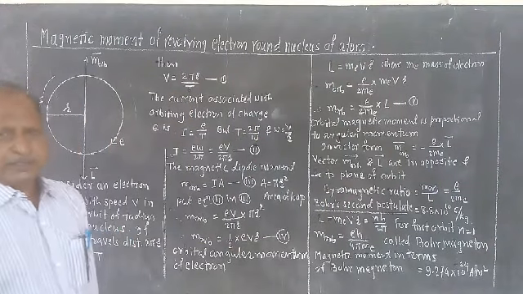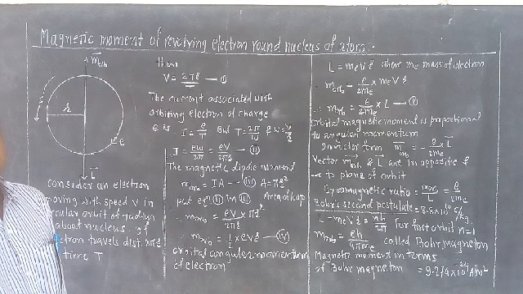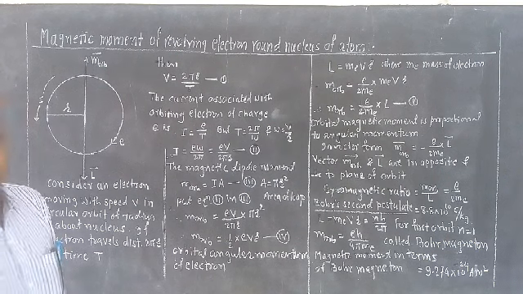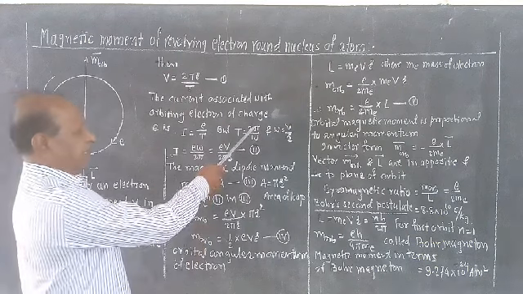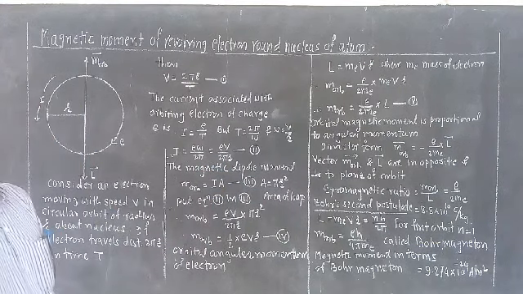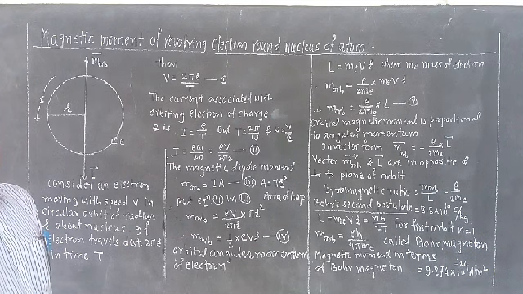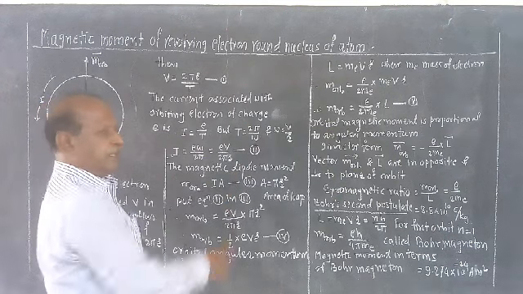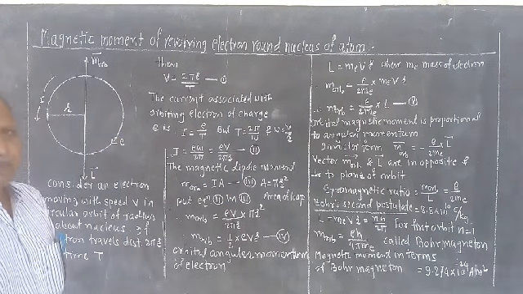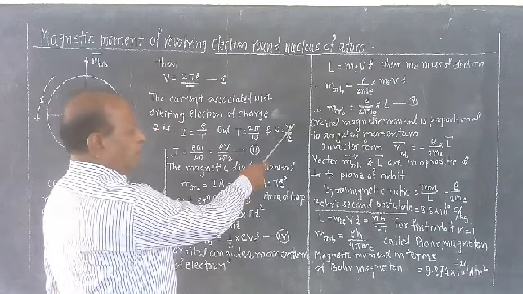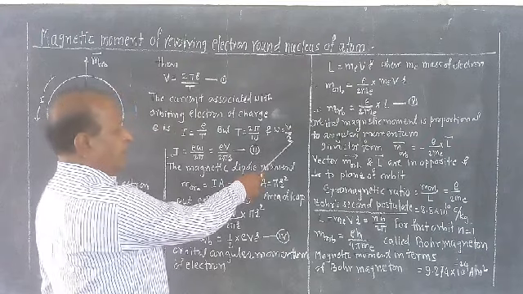Period is angular displacement divided by angular velocity. Angular displacement is 2 pi radian, one complete circle, divided by angular velocity omega. Therefore omega is equal to v divided by r.